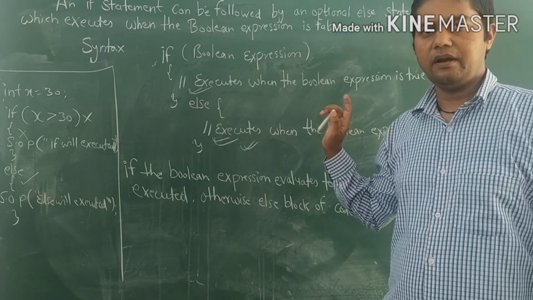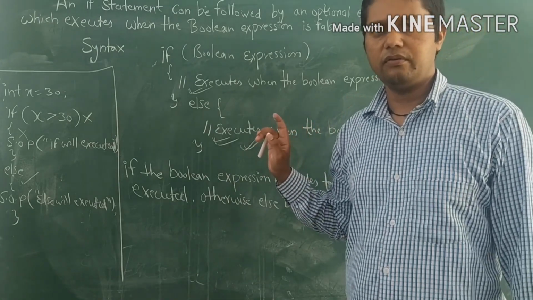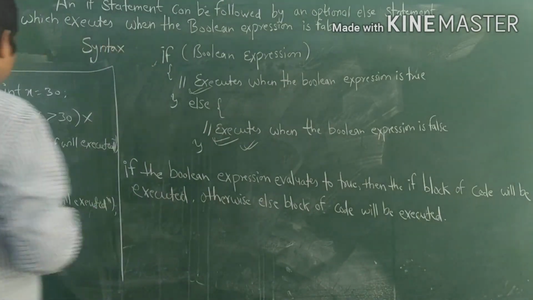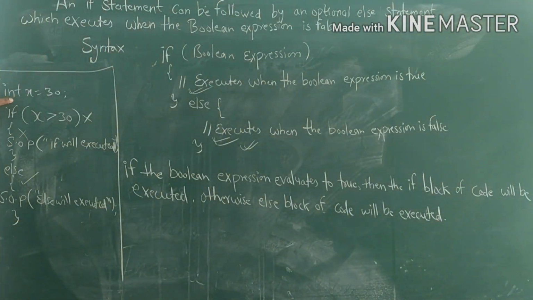Okay, I will show you with the help of an example. It's not a program, but it's a part of a program. Now see this. Here we have taken a variable, integer x equals 30. Now in the if condition, the condition is x is greater than 30.